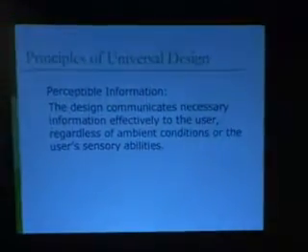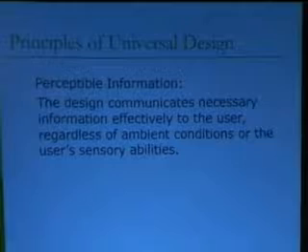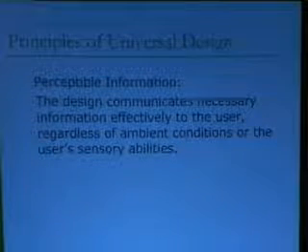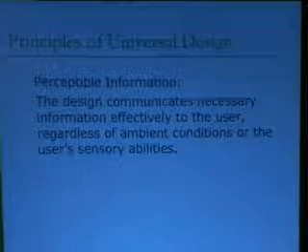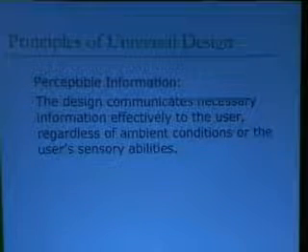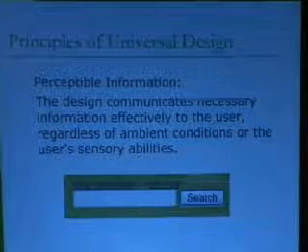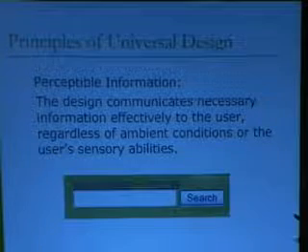Another one is perceptible information. The design communicates necessary information effectively to the user, regardless of ambient conditions or the user's sensory abilities. So even if you can't see the screen or the lighting isn't very good, you can still figure out what to do. An example from the internet is this skip navigation here on this search bar.